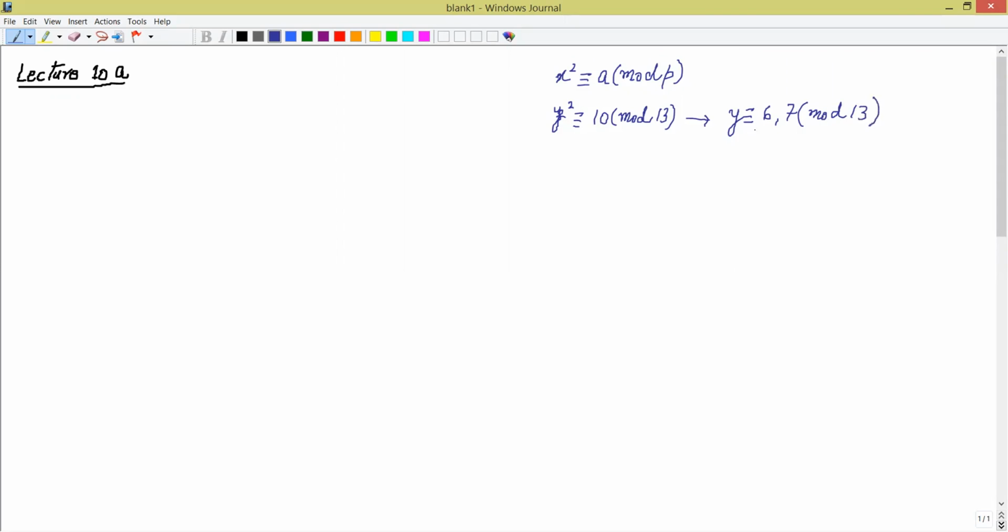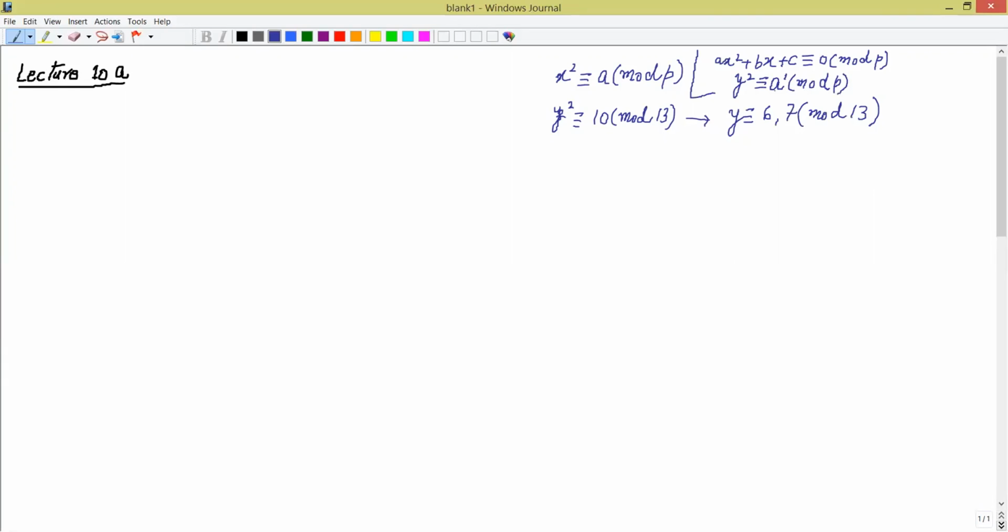Modulo 13. Okay. And we have already discussed that any congruence of the form ax square plus bx plus c is congruent to 0 modulo p can be converted into this form, y square is congruent to any number, for example a prime, modulo p.